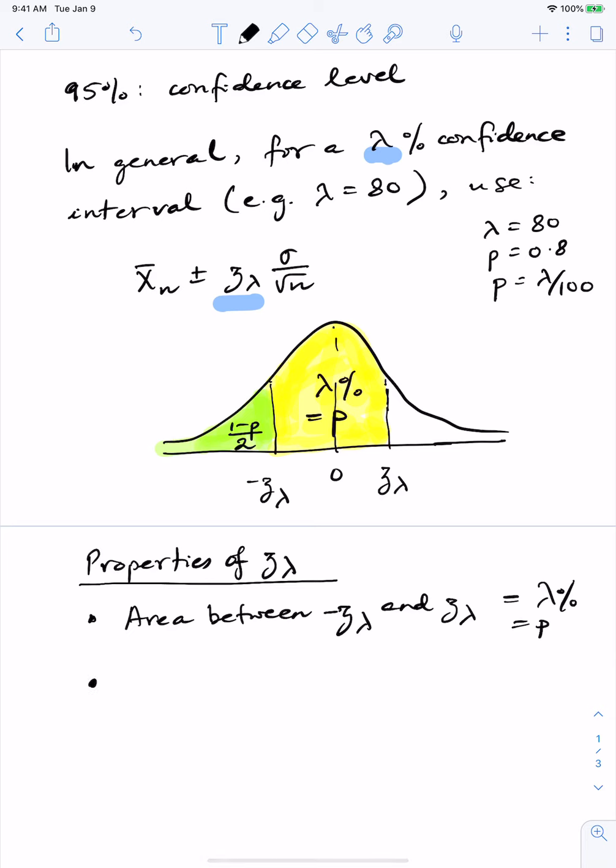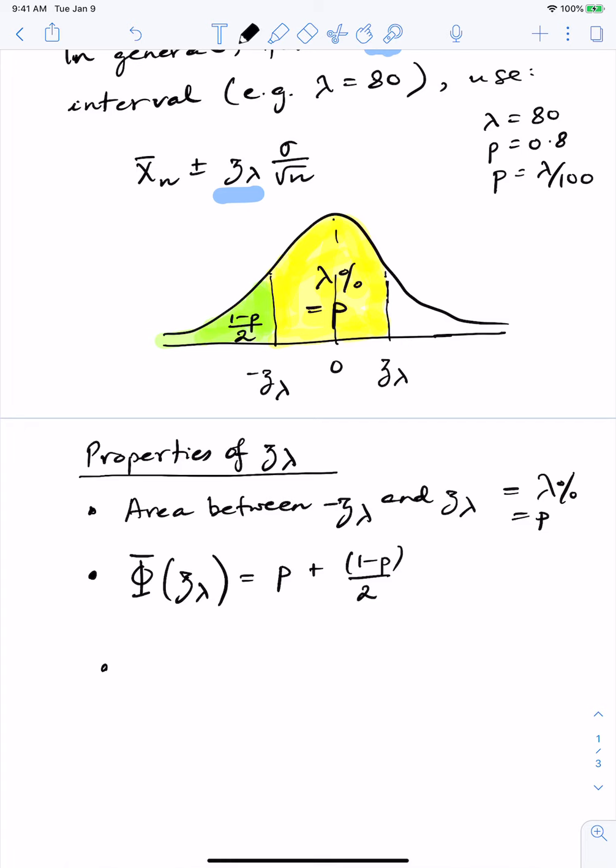And from that we concluded that if you look at all the area to the left of this point, not just stopping at minus of it, but going all the way out to minus infinity, that is that gold p plus the green 1 minus p over 2.